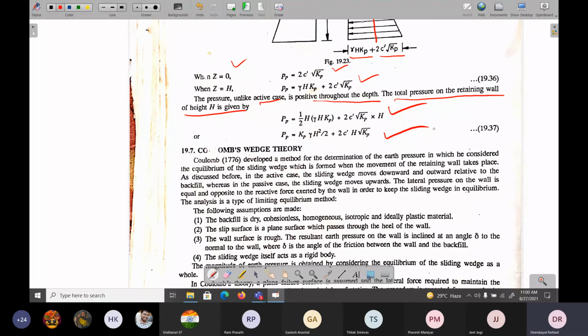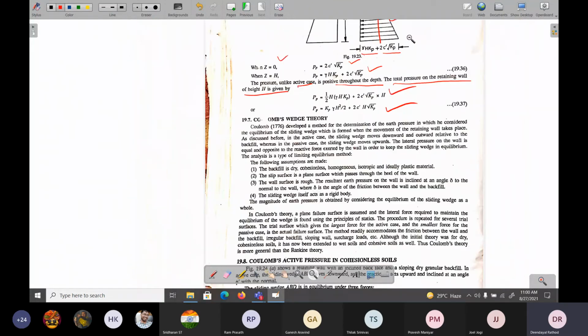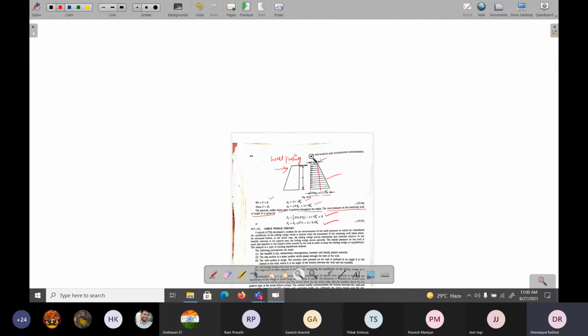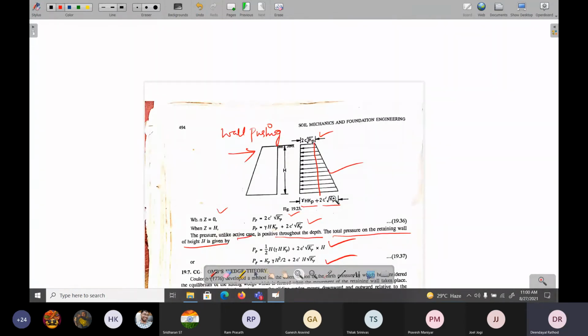So we can find out the total pressure as I mentioned. We can divide this into one triangle and a rectangle, and find out the total pressure. For this it will act at H by 3, and for this at H by 2. So likewise, we can find out the active and passive cases for cohesive and cohesionless soil. This is all about Rankine's theory.